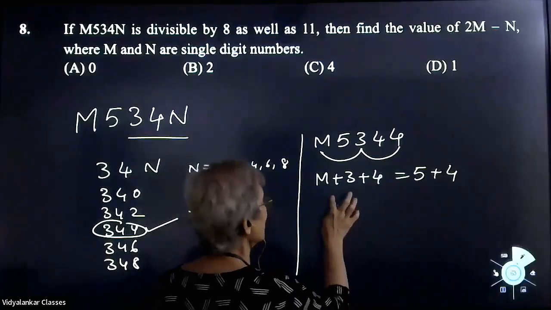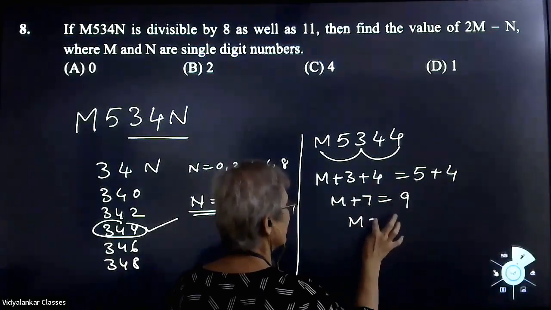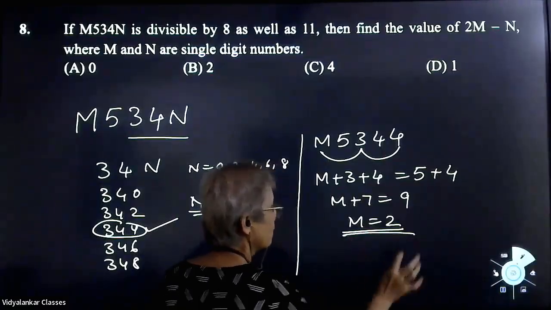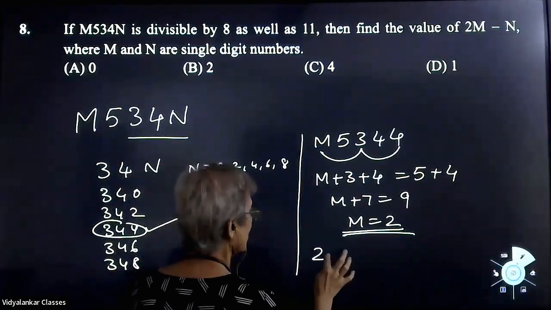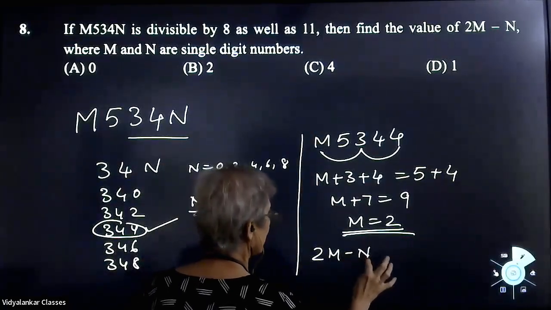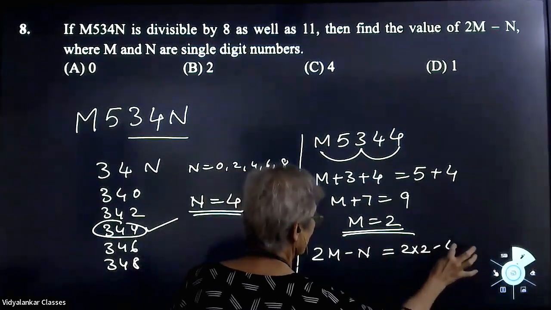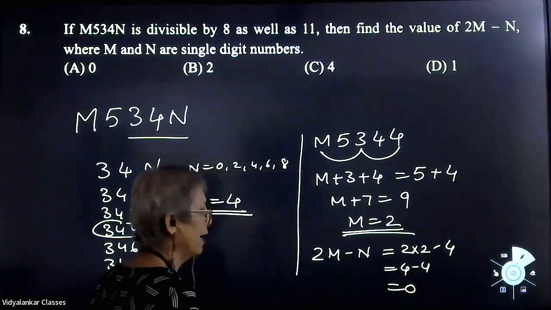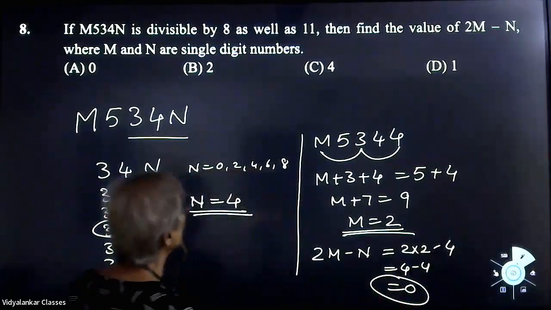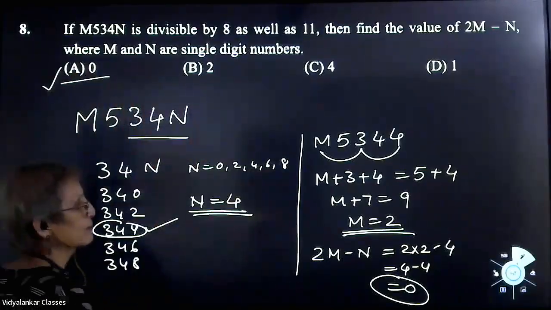So here it is m plus 7 equal to 9, and therefore m must be 2. Okay, and now let us put the values of m and n in 2m minus n. It is 2 into 2 minus 4, that is 4 minus 4 equal to 0. And hence our answer is 0, or option A.